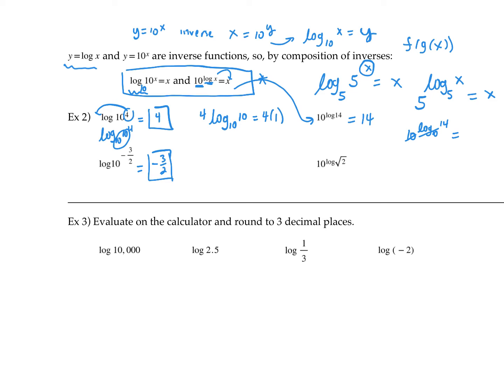But the answer, again, is just what you're taking the logarithm of. So the one down below, 10 raised to the common log of the square root of 2, the answer would be the square root of 2, what you're taking that common log of.